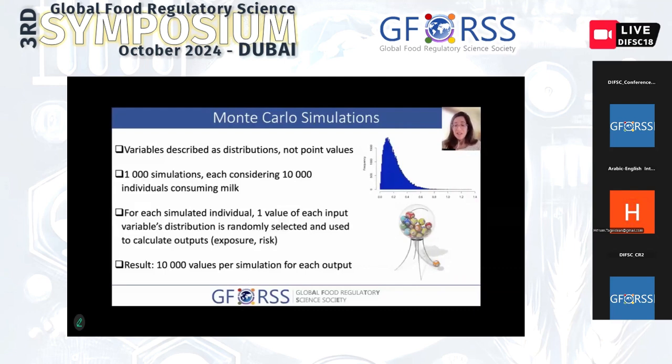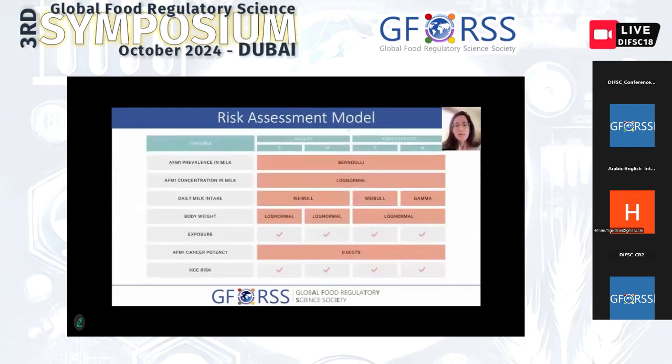As you can imagine, at the end, we have a lot of data, and with all this data, we're not just going to report a mean value, but we're also going to create a distribution, a range of outcomes, depending on the characteristics of each individual's exposure. Or you can also see this again as filling up a bag with each of the exposure values you produce, and then we use them to create a distribution. So I hope that made it a bit clearer.